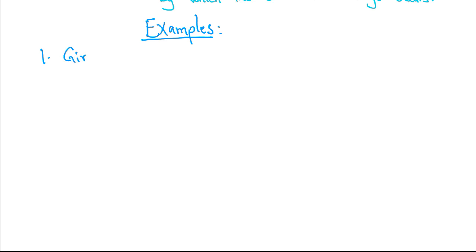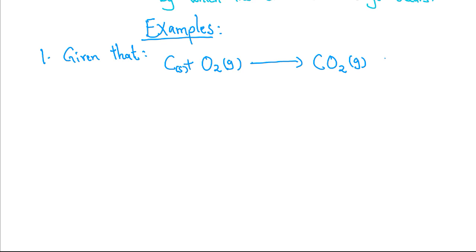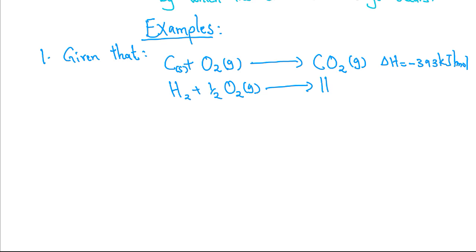Given that carbon plus oxygen burn to produce carbon dioxide gas, and delta H for that is negative 393 kilojoules per mole. Hydrogen alone burns to give out water.